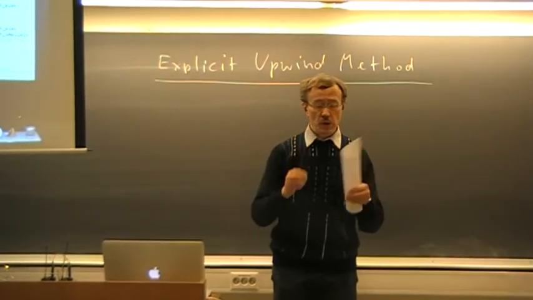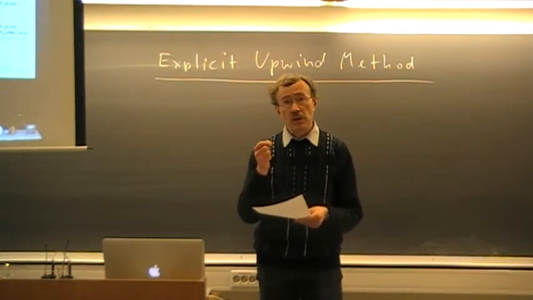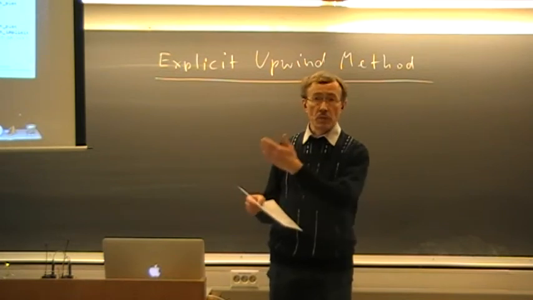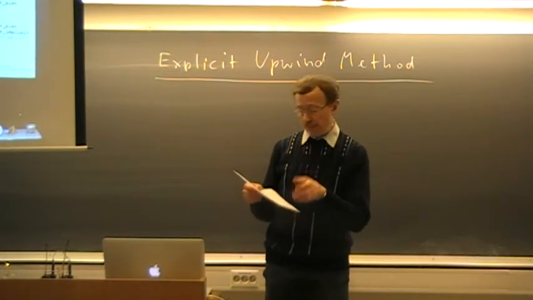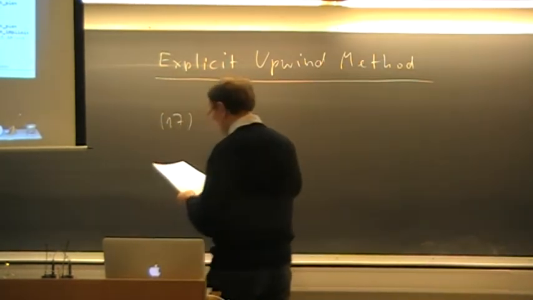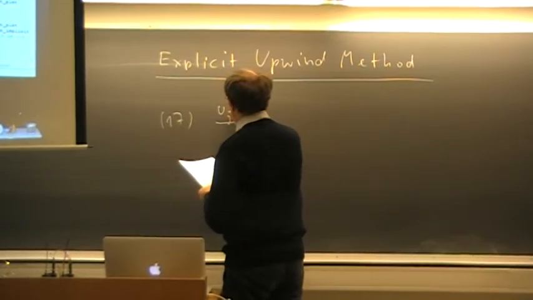It is not changed. So therefore it makes sense to take the difference approximation, and that means the slope of the solution, from upstream, from where the information is coming. That gave us the idea to do the discretization in the following way.